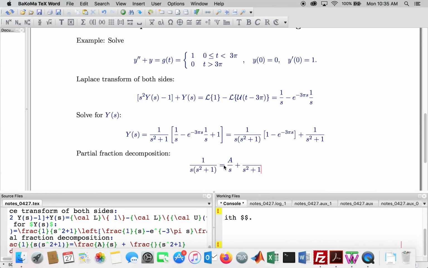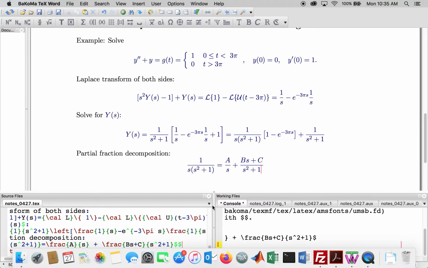Now normally with a quadratic we would factor it, but this is called an irreducible quadratic. If you factor this, you'd get complex numbers, s plus i and s minus i. But we want to avoid dealing with complex numbers. So we leave this quadratic as is, unfactored, but then up top you must put a linear function instead of just a constant like we normally have.